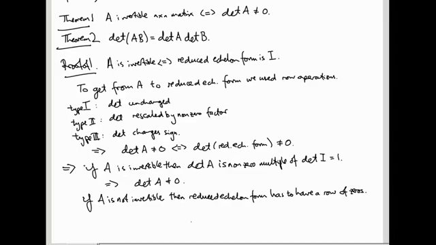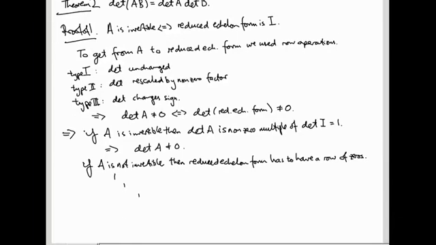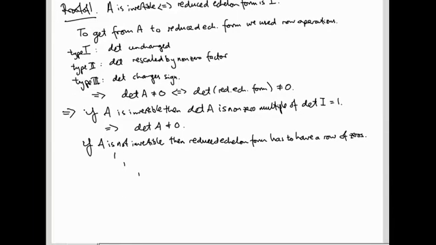Otherwise, if all the leading entries are moving to the right, and there are n of them, then you'd get exactly one in every column, one in every row. So they'd have to live along the diagonal, and you get the identity matrix. So one of the rows has to just consist of zeros if the reduced echelon form is not the identity.